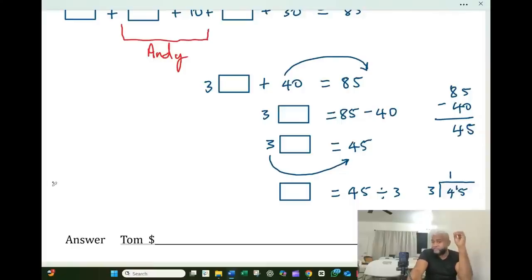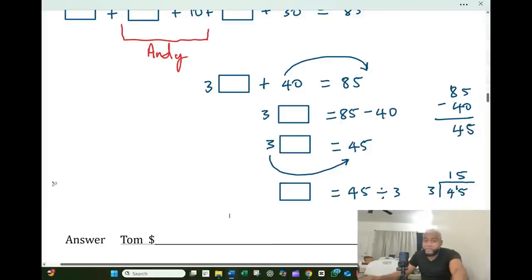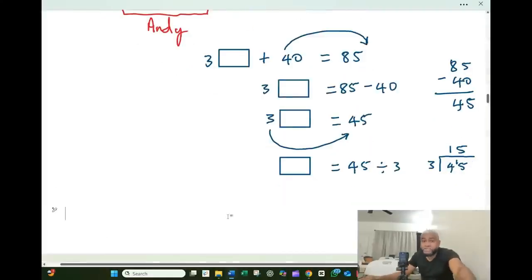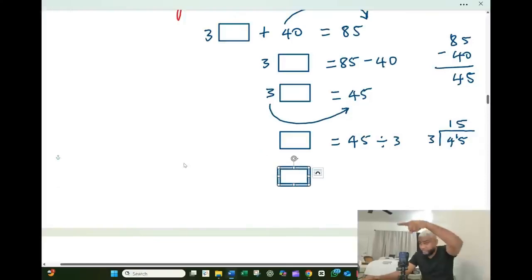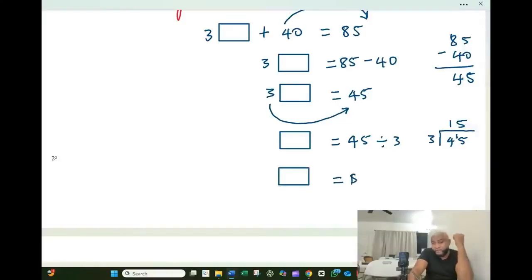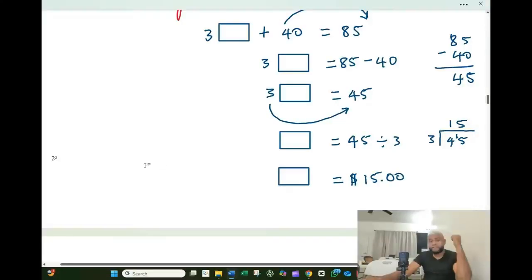And 3 into 15 would be 5. So my box, whose share does the box represent? Remind me. Tom, right? Everybody get there? So big man Tom got $15. Everybody agrees?